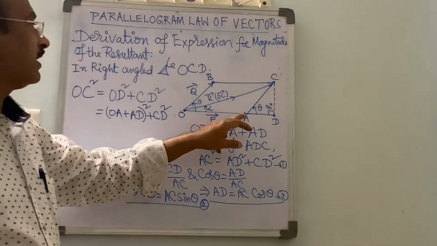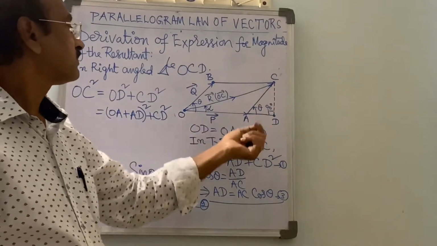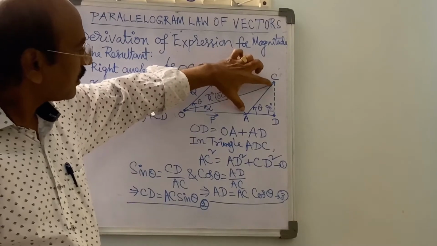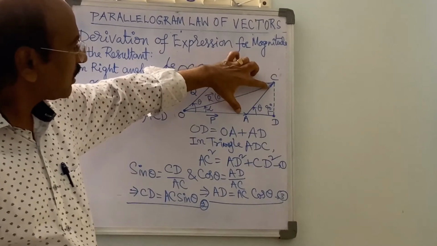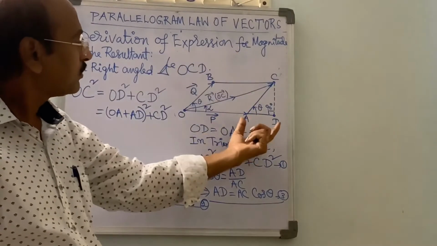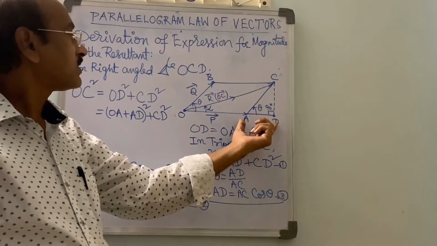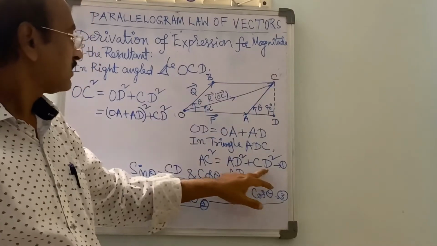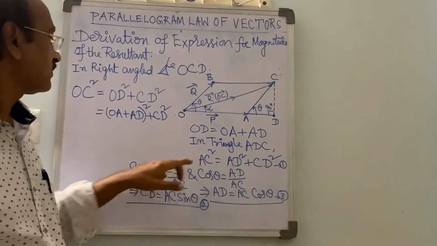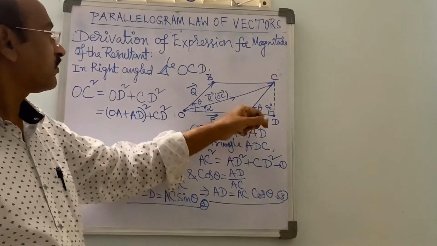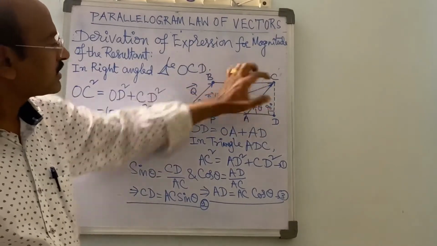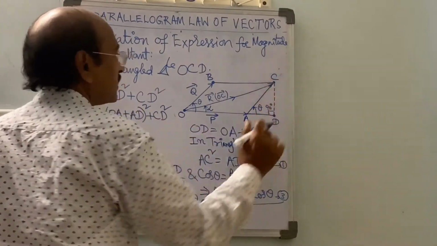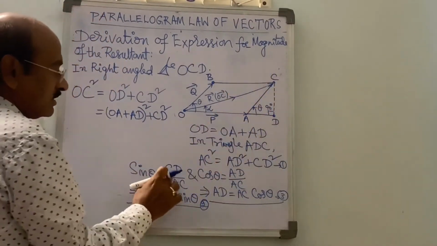So in right angle triangle ADC, according to Pythagoras theorem, hypotenuse square is equal to adjacent side square AD square plus opposite side square CD square. And sin theta is equal to opposite side CD by AC, the hypotenuse.